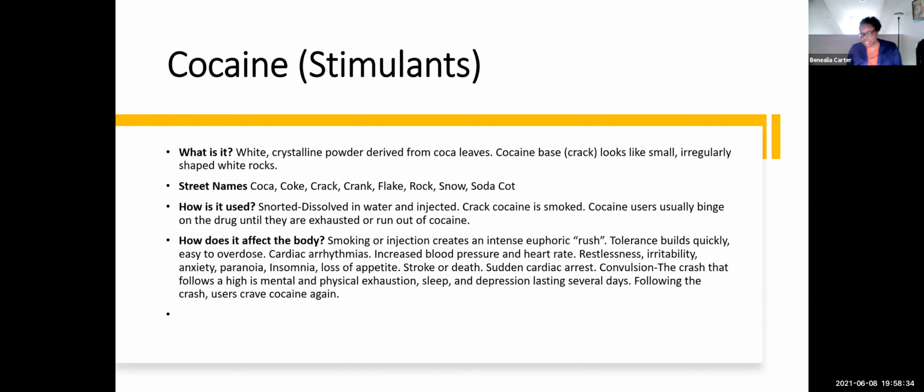And once again, when there was a cheaper form to be made, crack, the base of cocaine, they saw what it did to communities. They took it, but they didn't take it necessarily for the danger. They took it because they knew they could weaponize it.